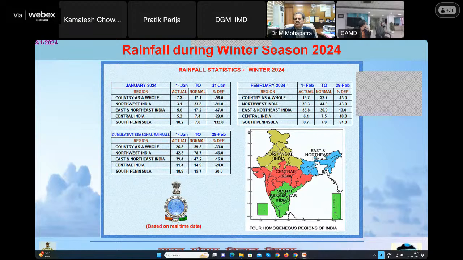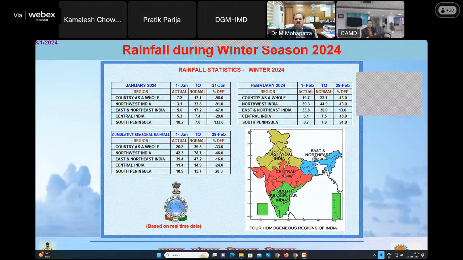If I consider the month of February, rainfall for the country as a whole has been normal. So January was highly deficient, and in February it has improved, from minus 58% in January to minus 13% in February.